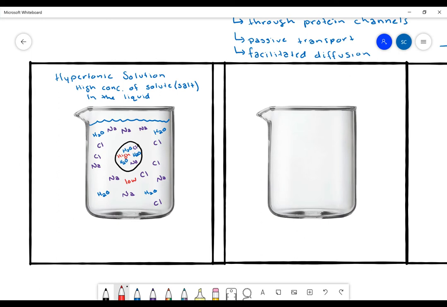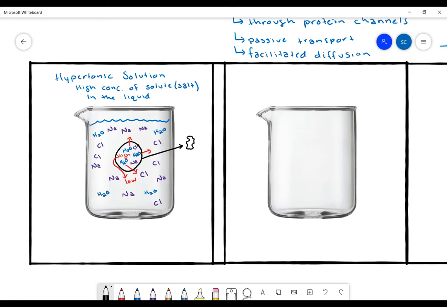So again, with the diffusion or the osmosis of water, the water is going to move from a high concentration to a low concentration. So all of these water molecules are actually going to move out of the cell, so they can spread out as much as they can. So what that means is that our cell, after this happens, is going to shrink up.